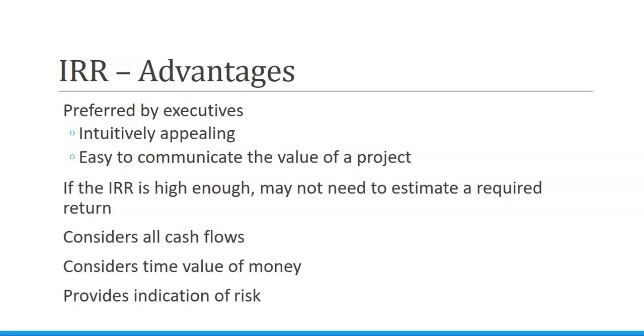If the internal rate of return is high enough, you may not have to go through the other estimates to determine, because if the internal rate of return is over your required return, you already know that means the net present value is positive. It considers all cash flows, it considers the time value of money, and it provides an indication of interest rate risk on this project.